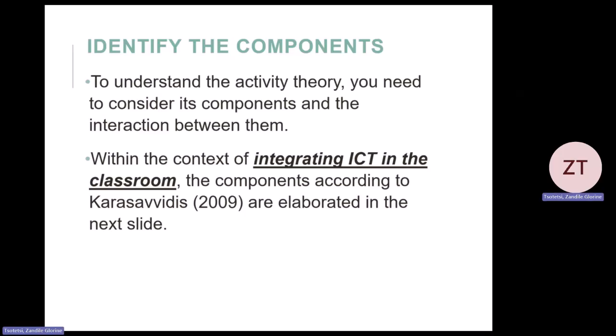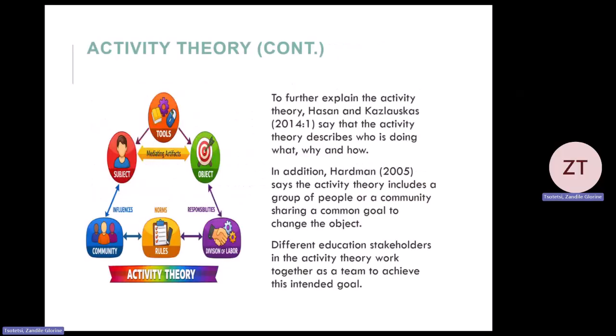And then identifying the components. To understand the activity theory, you need to consider its components and the interaction between them. So all these are the components of the activity theory: division of labor, the rules, the community, the role players, the subject, which is the teacher, the tools, which are the computers or textbooks or anything that's going to assist the object, which is the learner in this case.